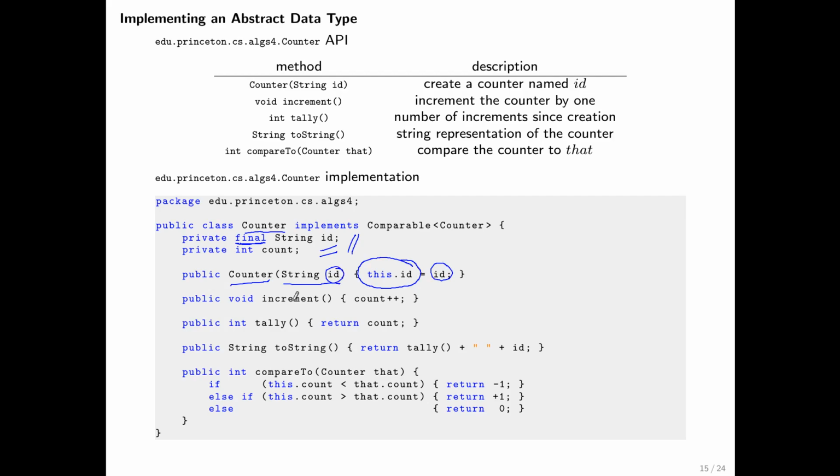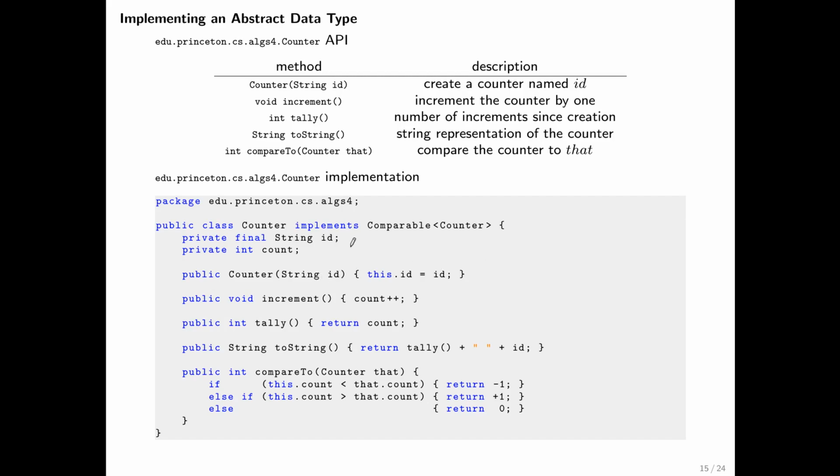So this is what I mentioned in the previous slide. When a parameter shadows an instance variable, we need to use this to tell the difference between the instance variable and the parameter. So what we are doing here is simply assigning the value of the parameter to the instance variable. And once the constructor is done, we have an object of type Counter initialized with the given ID.